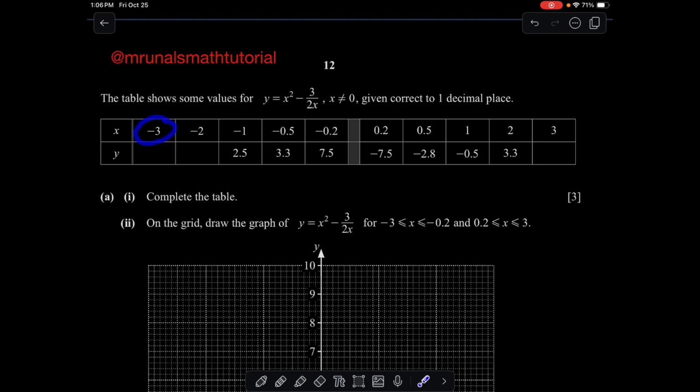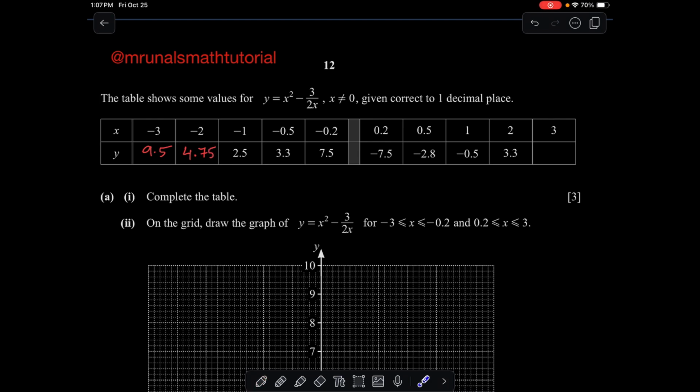Bear in mind, if the value of x is negative, you must put a bracket around it to avoid any mistakes. So for negative 3, if I substitute that, I'm going to get 9.5. For negative 2, I'm going to get 4.75.